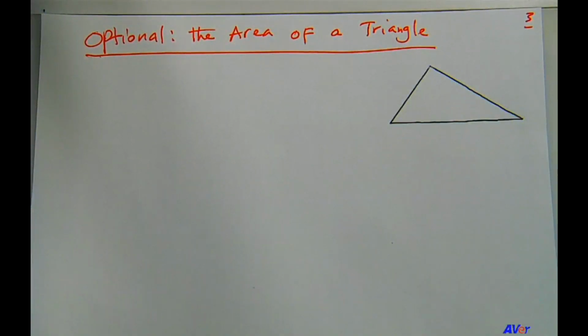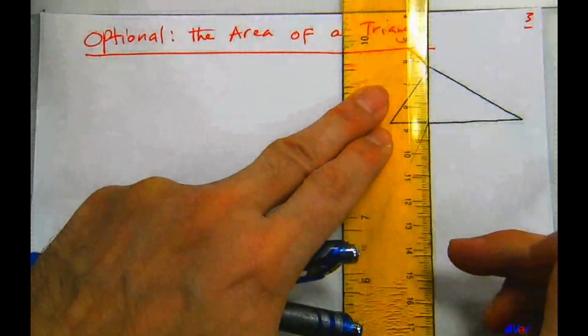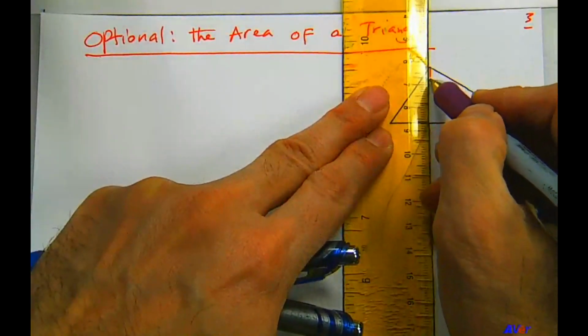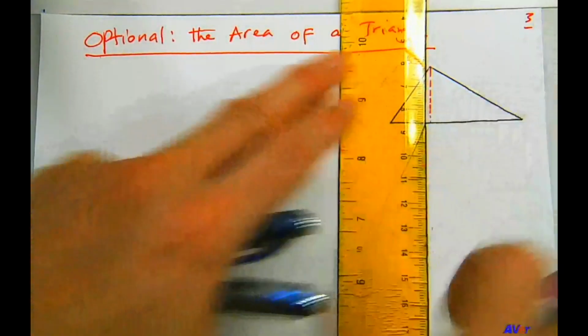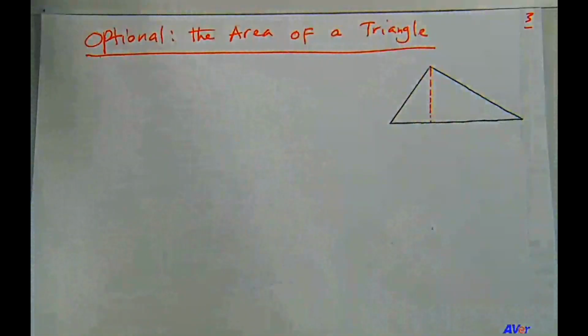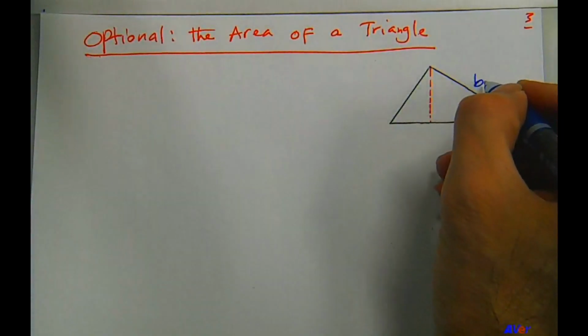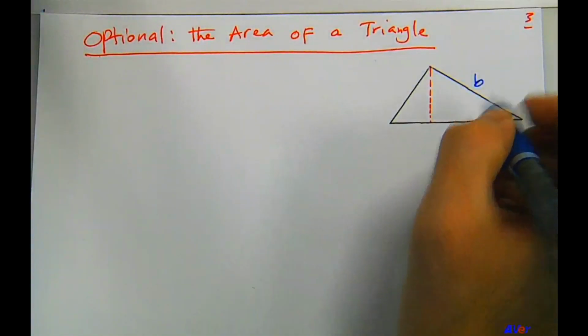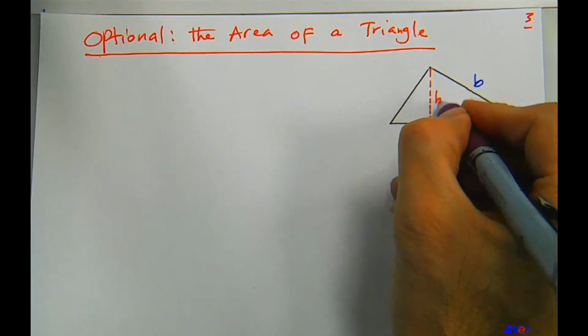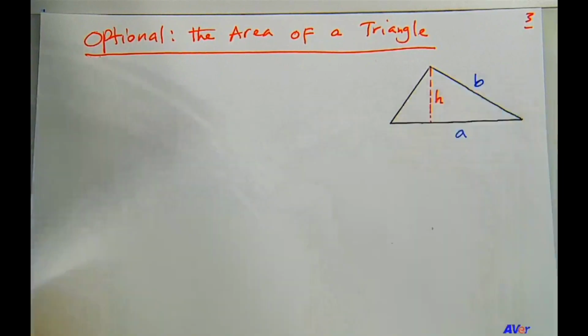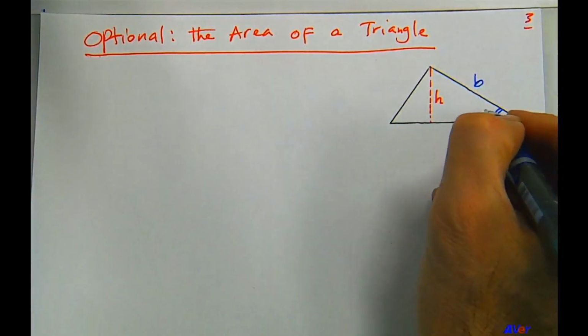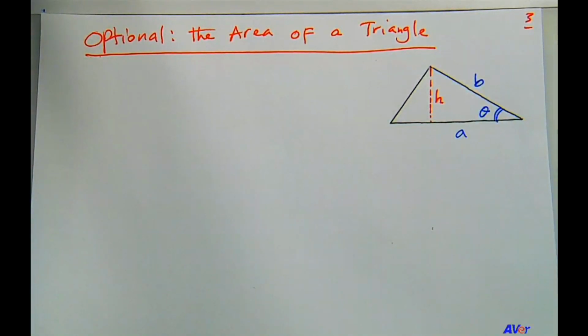And here we have the height. Let's call this height H, and this angle here theta. Okay, suppose we have that triangle.